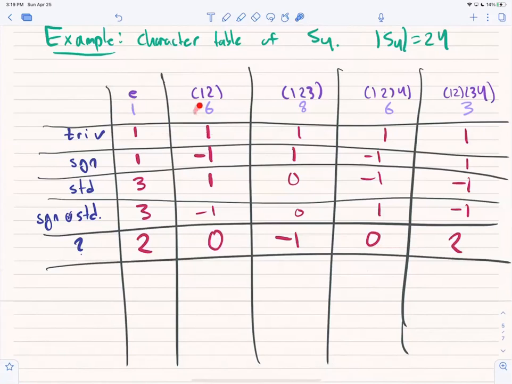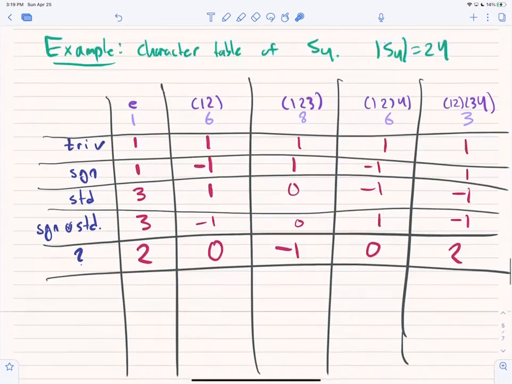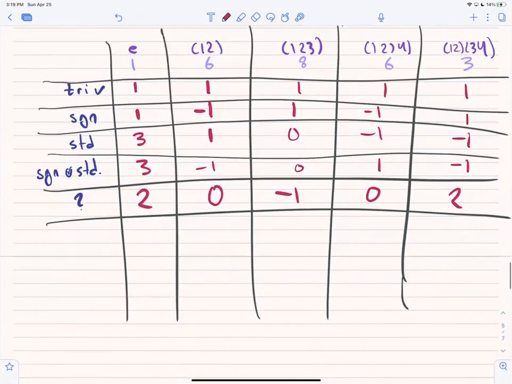Again, when you're doing the rows, you weight by the number of elements in the conjugacy class. Okay, good. So with mathematical 100% confidence, and high confidence that I didn't make a computational mistake, this is the character table of S4. And what was amazing is that we computed this last row without constructing this 2-dimensional representation.